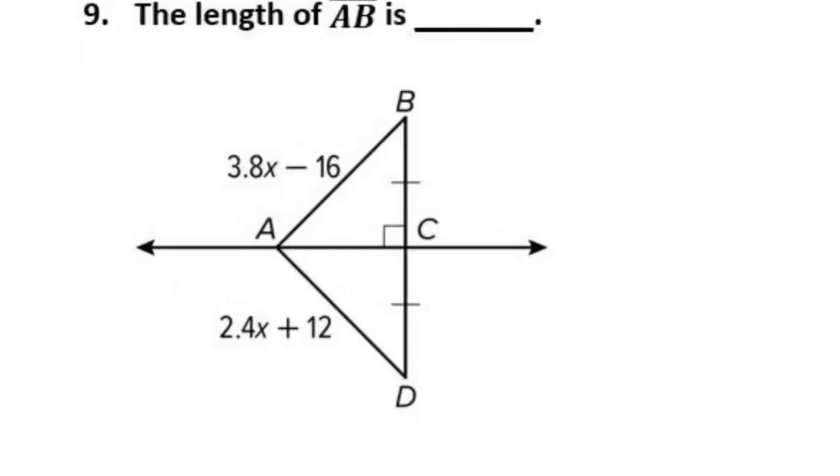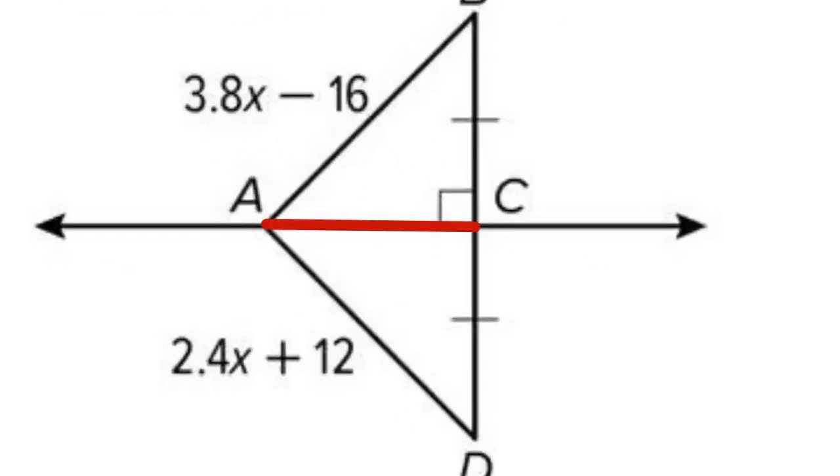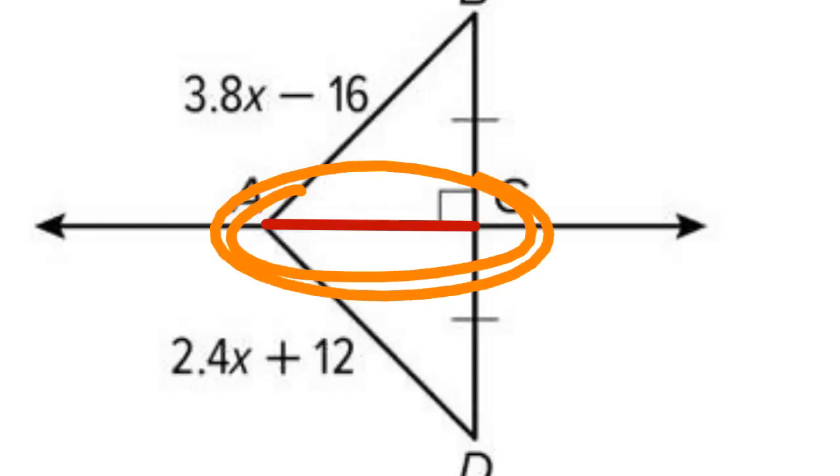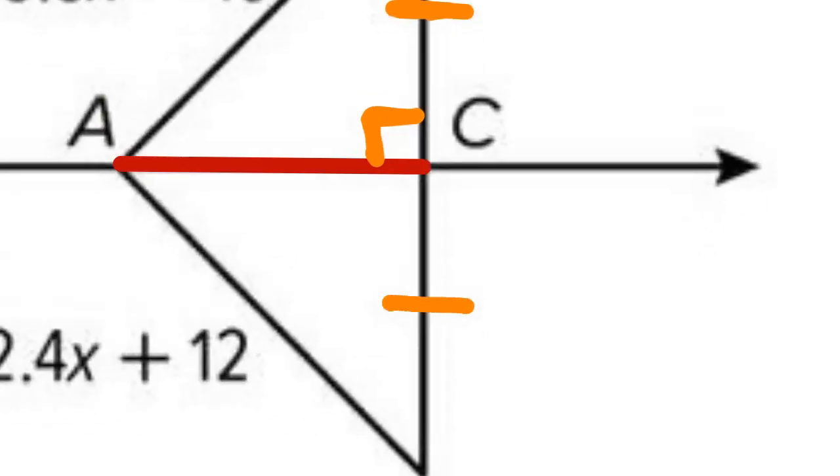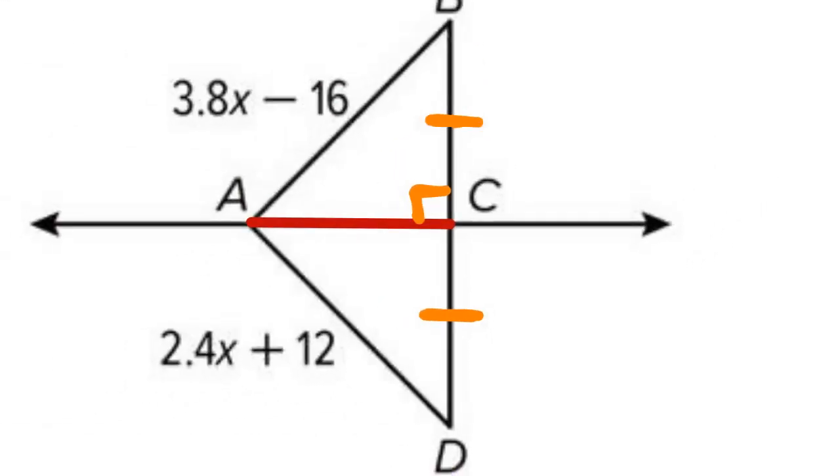Number 9. So when I'm looking at this one, my eyes are focused on this right here. I'm looking here because I see a right angle mark and I see these two congruence marks. Well, if BC is the same size as DC, that means point C is a what?